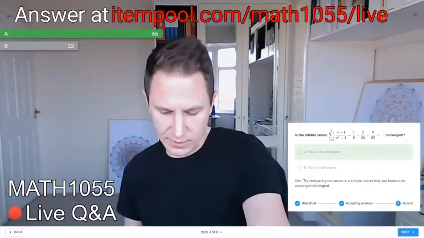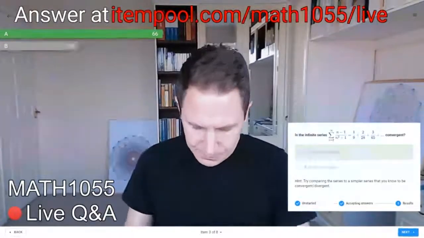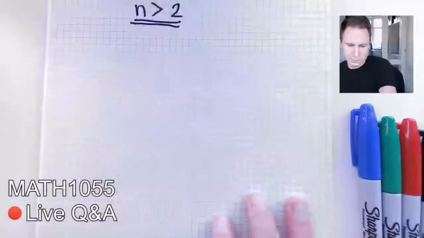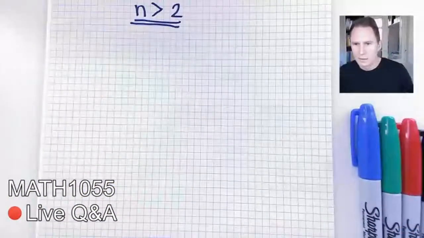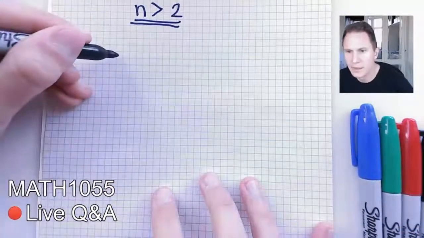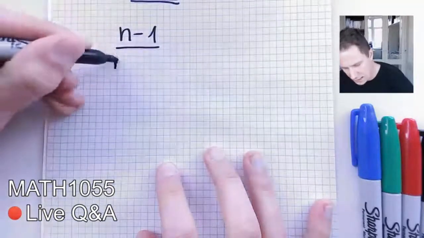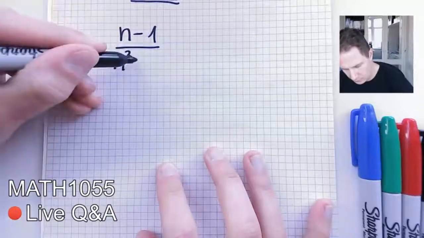And oh, by the way, I should go back, sorry, let me finish and review. So in the previous one, the last question, what happened there is we had the general term being n minus 1 divided by n cubed plus 1.